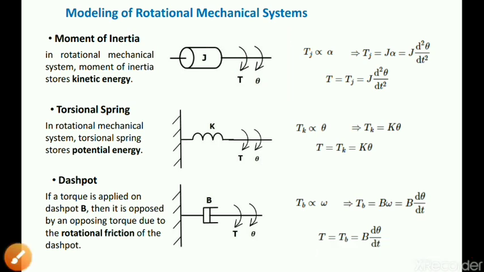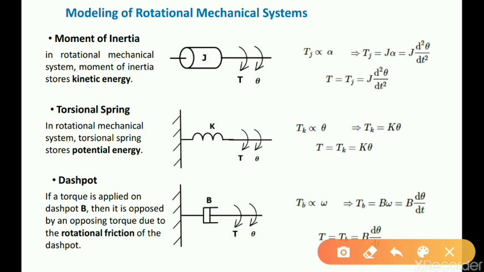So the applied torque and the angular displacement theta have a relation with the torque produced by moment of inertia. The torque of moment of inertia is directly proportional to the angular acceleration, alpha, and when we remove the proportionality constant we have J, that is moment of inertia.